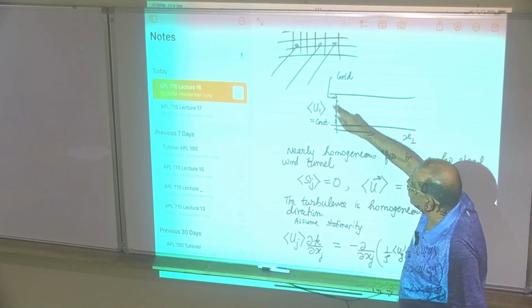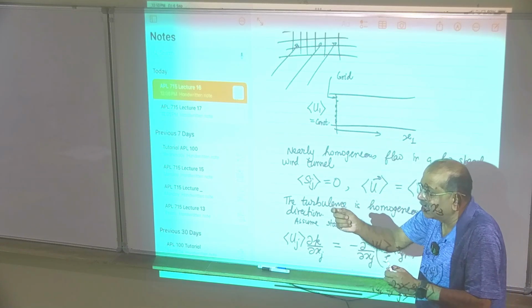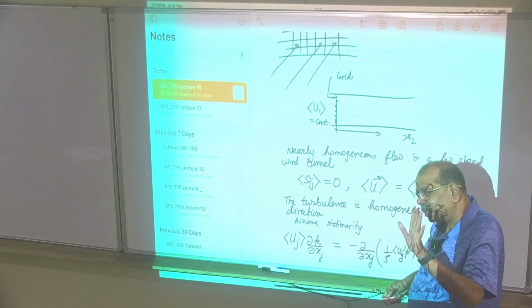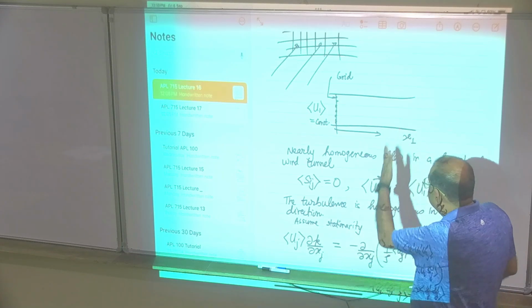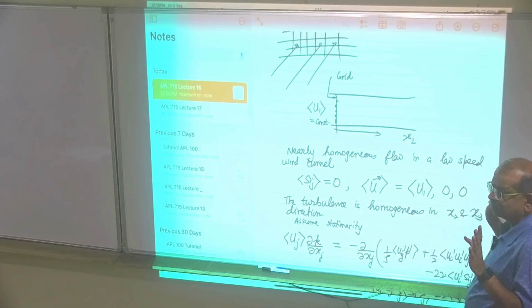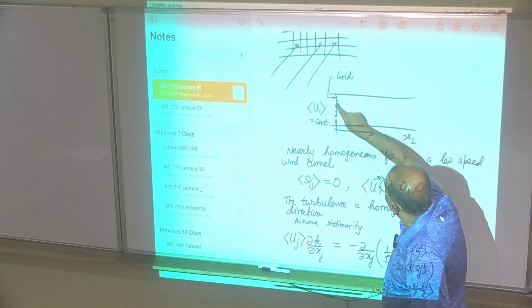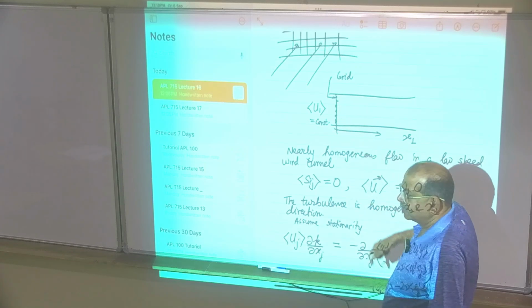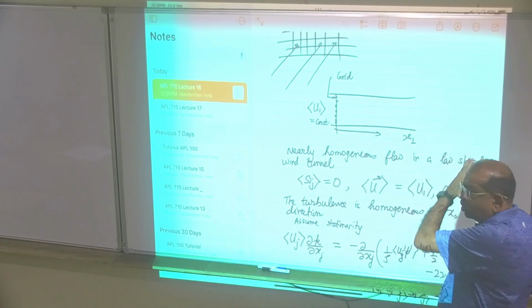So each of this grid will make some sort of a vertical eddy which will only form the fluctuating part. The mean part is obviously still U1. So those eddies are sort of formed here and the flow goes down.